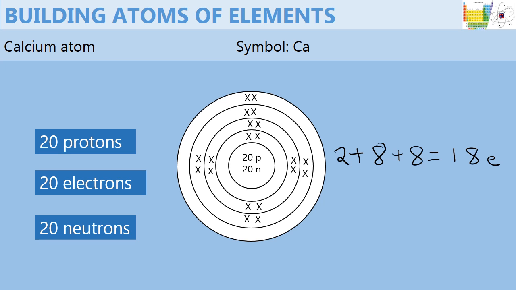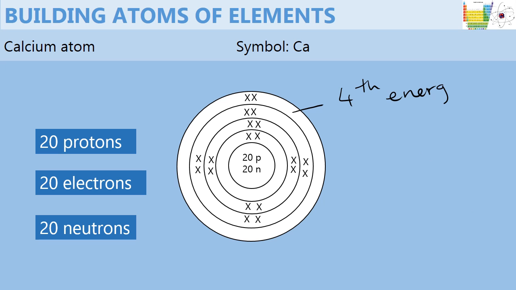From the 20 electrons that calcium contains, we have 2 extra electrons remaining, which means since the third energy level is full, they will occupy the fourth energy level. And that is why we represent them here.